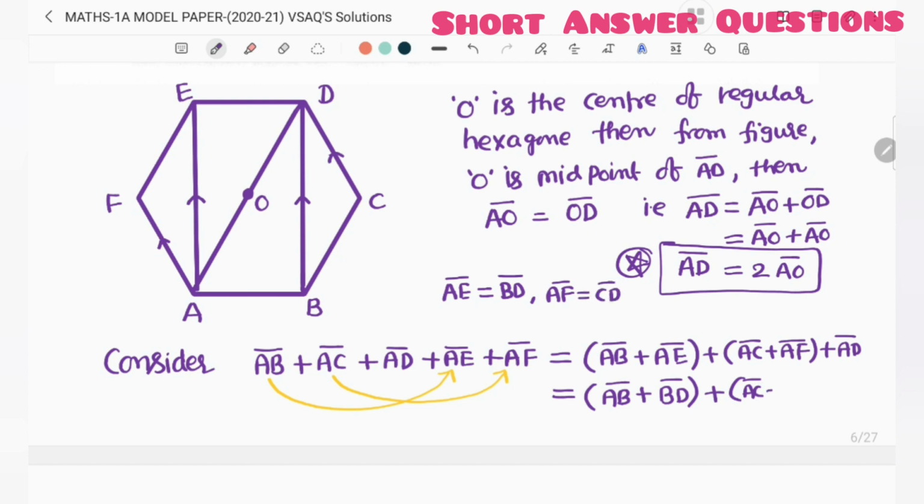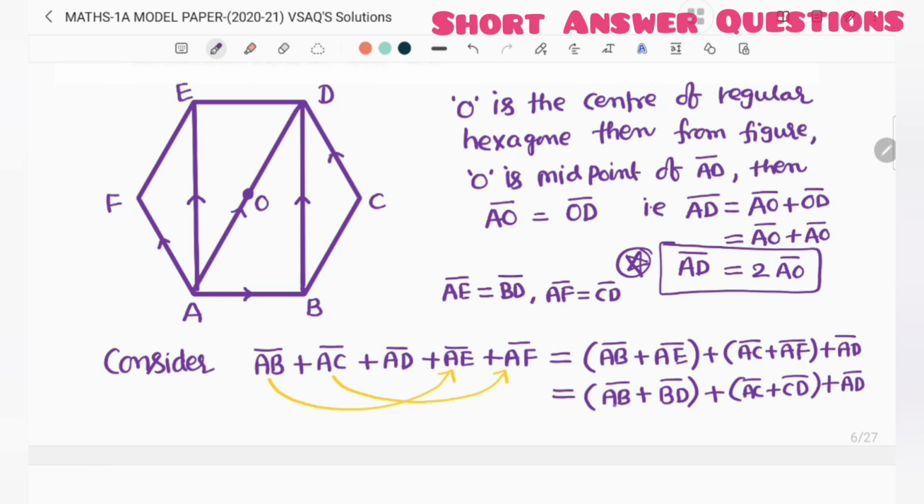So AC plus CD bar plus AD bar. Sir, how can we know AF bar is equal to CD bar? I already said that regular hexagon means all the sides are equal. AF is equal to CD or DC, AB is equal to ED, BC is equal to EF, DC is equal to AF, like this.